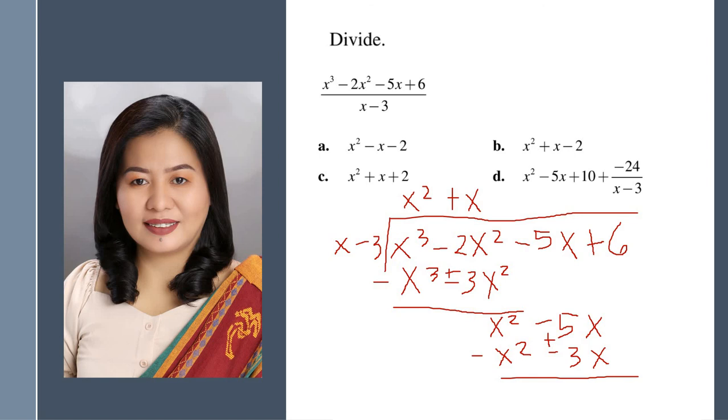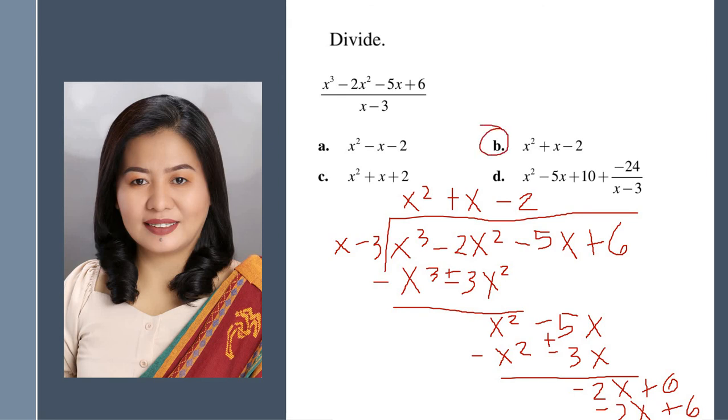So that gives us negative 2x, and bring down plus 6. Negative 2x divided by x is minus 2. Negative 2 times x minus 3 gives negative 2x and a plus 6. So our remainder is 0, and our answer here is x squared plus x minus 2.